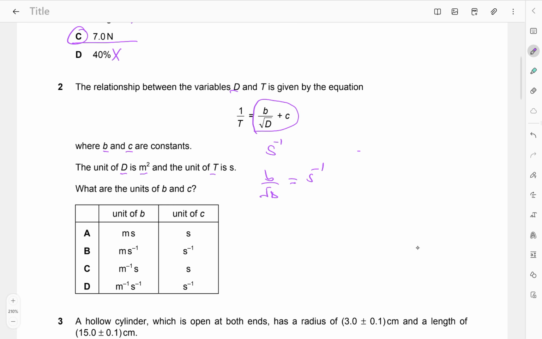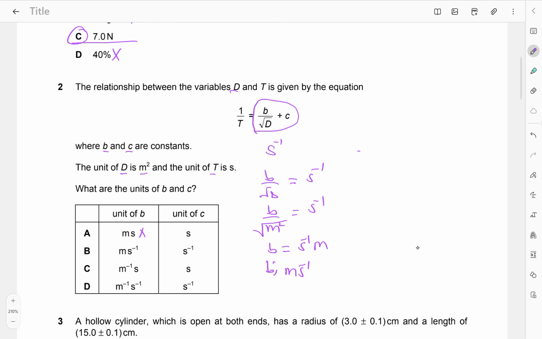But they said d is in meters squared, so b over root of meters squared should be equal to per second. That means b is going to be equal to per second times root of m squared, which is just m. So it means the units of b are going to be meters per second.